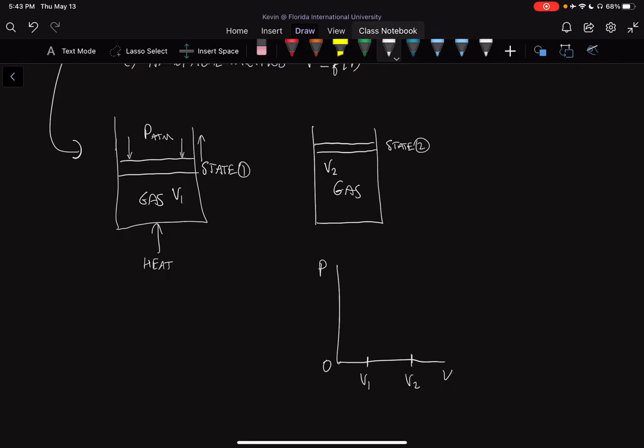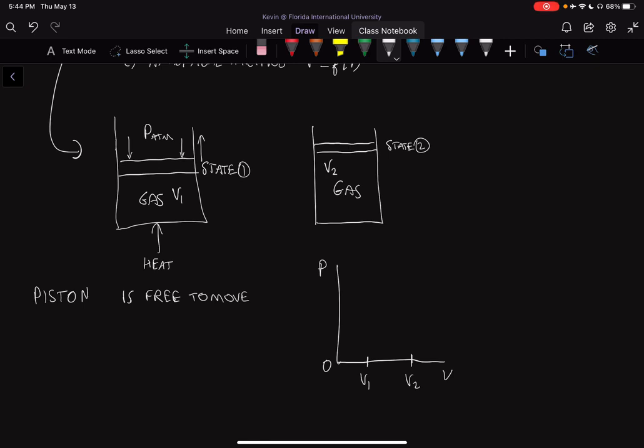We know that atmospheric pressure is acting on the piston. Therefore, it means that the piston is free to move. And if the piston is free to move and the piston moves up, does it change the pressure inside our gas? No, it does not.